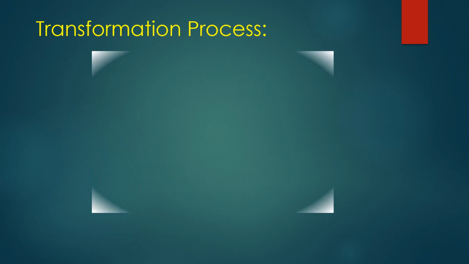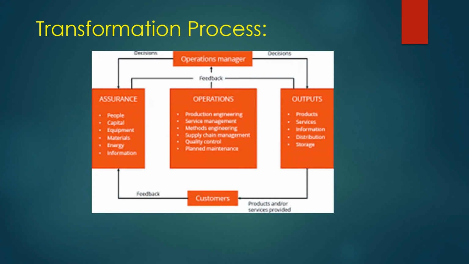Next is the transformation process. As we know, operations management includes conversion of input into output, where we can see in the figure that the input is converted into output.